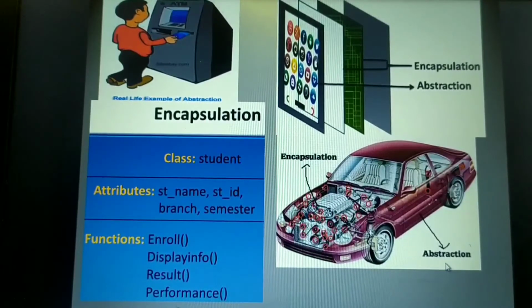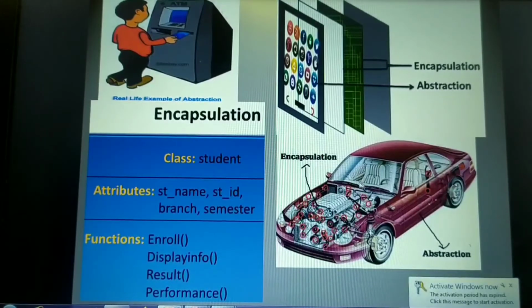So that is nothing but abstraction. It is providing the essential features to the user, by hiding how the engine was designed and how it is connected. It is not showing that to the user. Only the display details the driver needs to know are provided.